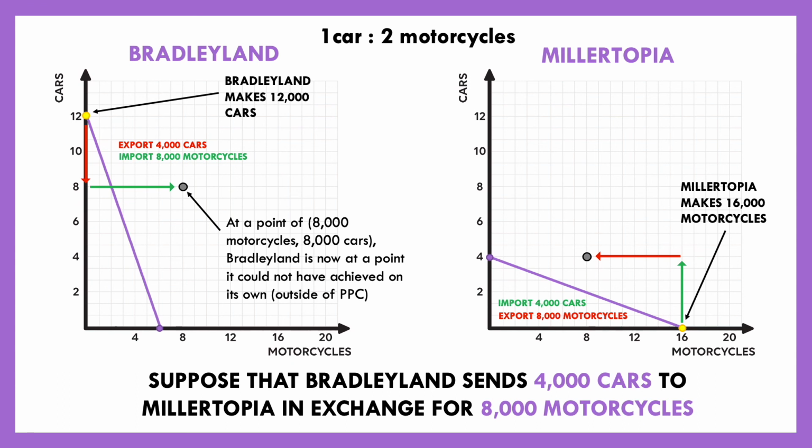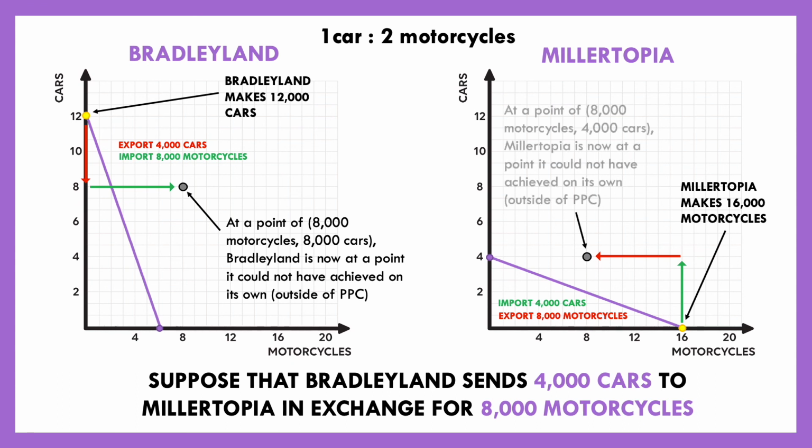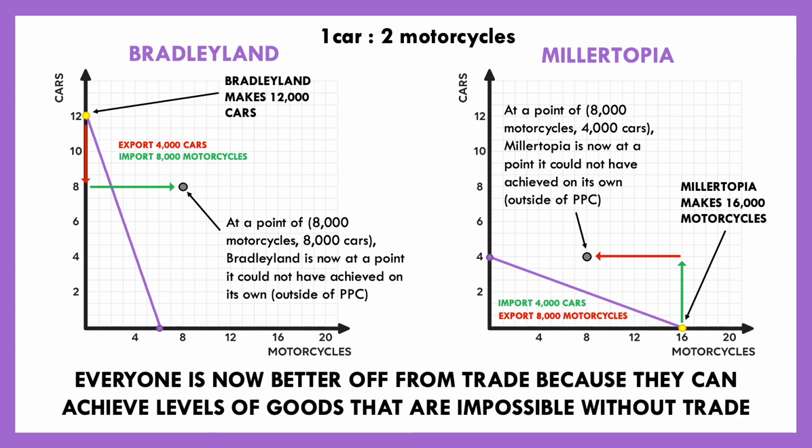It's now a point that was before impossible, but through trading, it's now possible. Millertopia too, look at that. Millertopia is at a point of 8,000 motorcycles and 4,000 cars. That's a point that Millertopia couldn't have achieved on their own. So if we notice, through trade, everyone is now better off because they specialized and then they traded and were able to achieve a combination of goods that they could not achieve on their own.